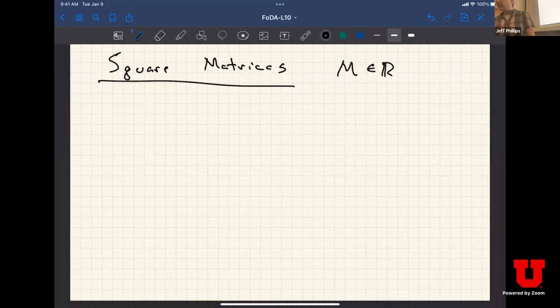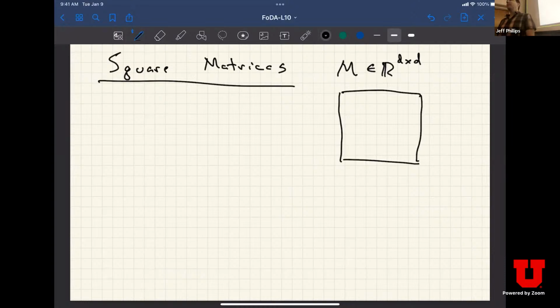It's square if it has the same number of rows as columns, and that's one reason why it's called a square matrix. Remember the picture I drew about the rectangles of the matrices, which might help you think about what the multiplication of matrices looks like. In this case, the number of rows and the number of columns is the same, so this rectangle is now going to be a square.